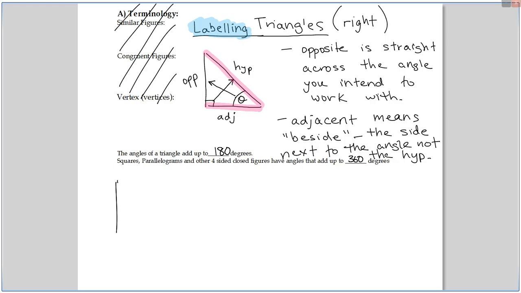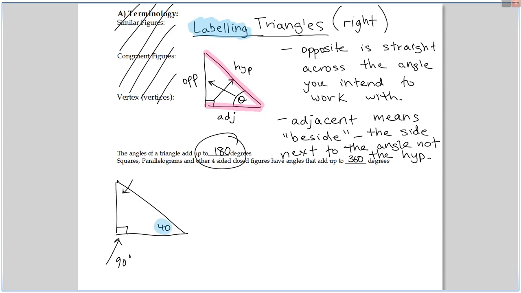So if I jot a triangle in, if this is 40 down here, what does this have to be? Because think about if all the angles add up to 180 and you have a 90 right there, so then you can just take away 90 right away. 180 take away 90 is 90.